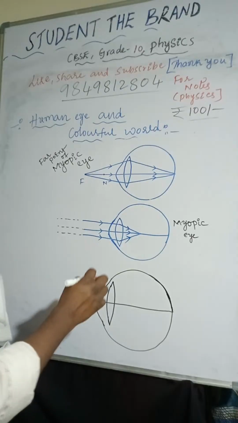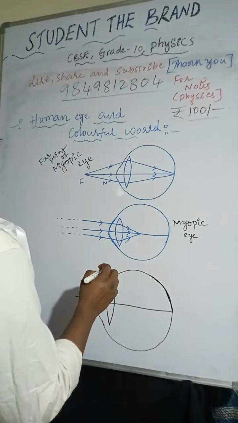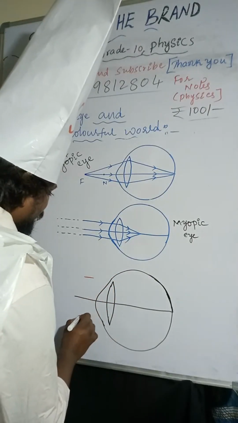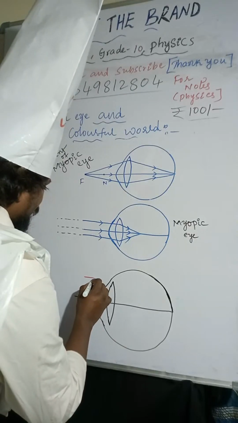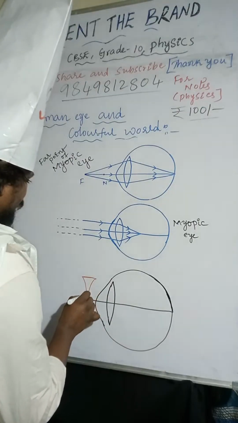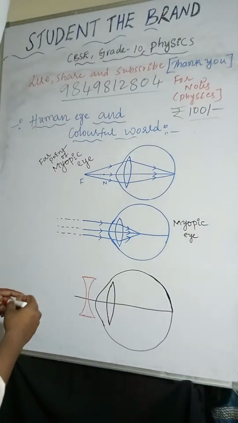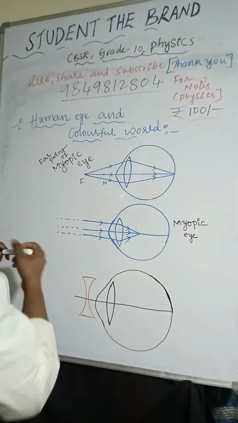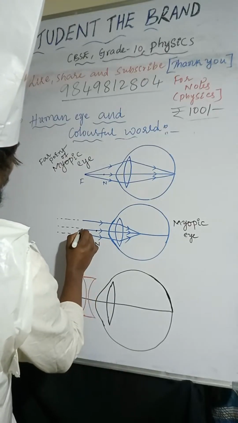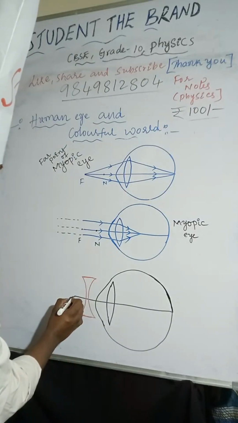We are using a concave lens to correct the defect of myopia. So this is the near point and far point, infinity it will be, and here I am taking this far point.